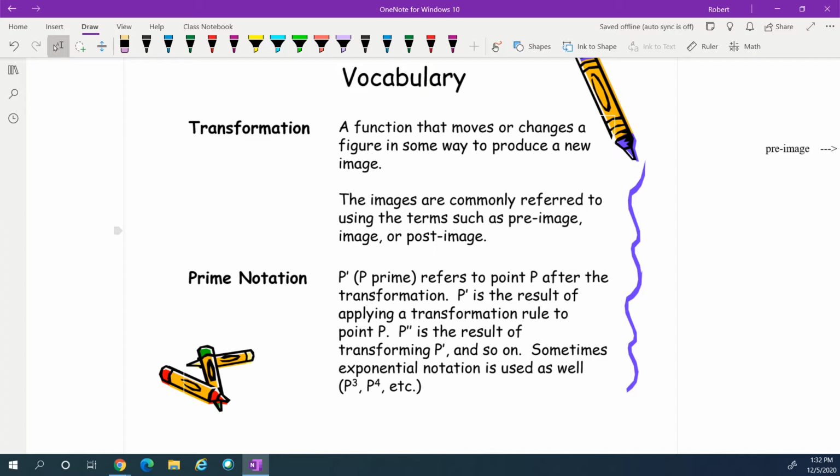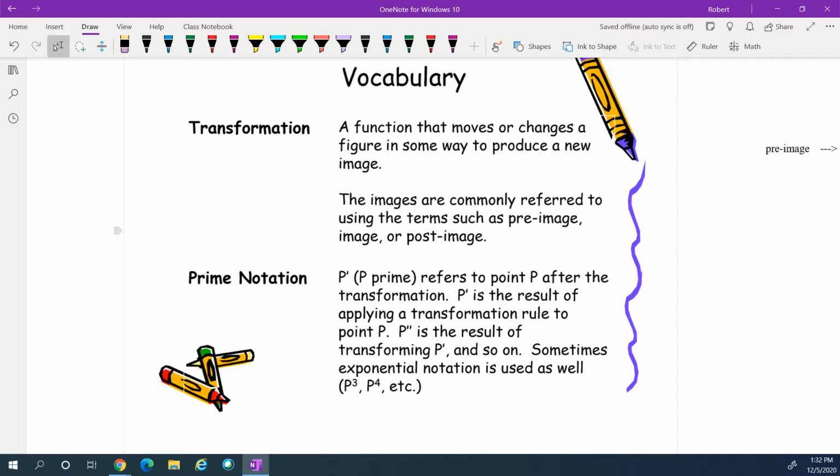talk about prime notation. Prime notation is an indication that something was done. So prime, as you can see, looks like a single apostrophe or single quote. So point P, we do something to it, and it becomes point P prime. So prime just means something was done. Double prime, two things were done.